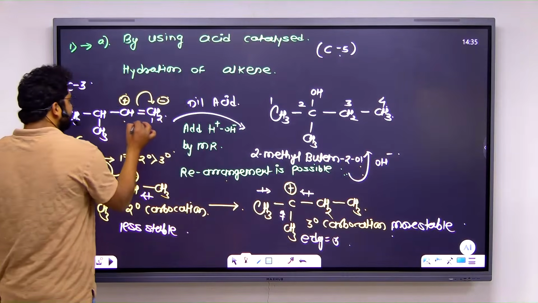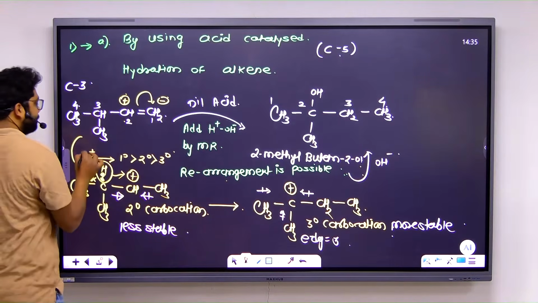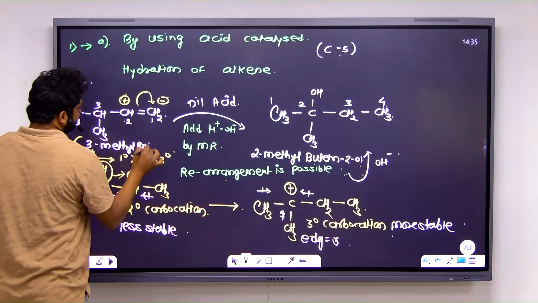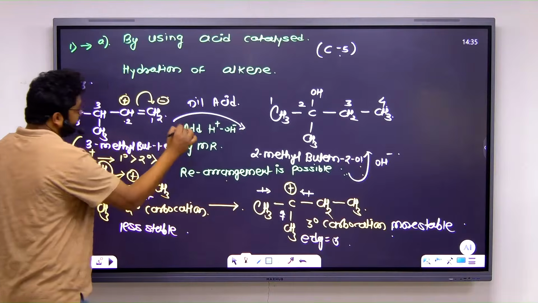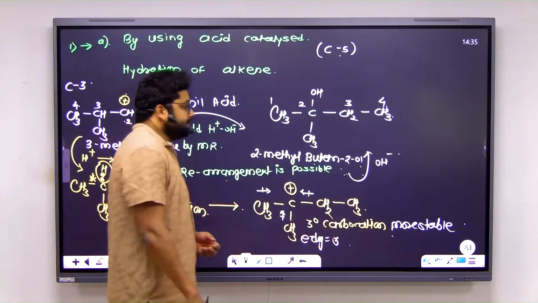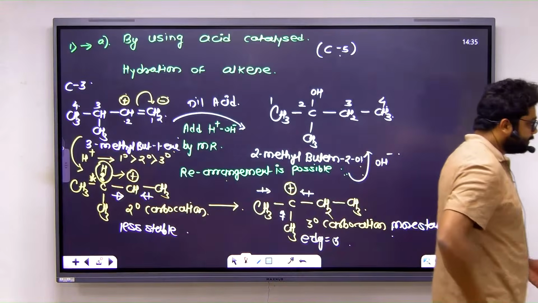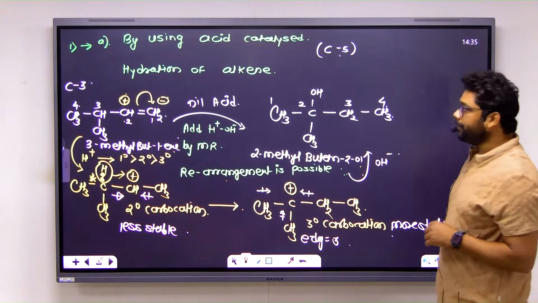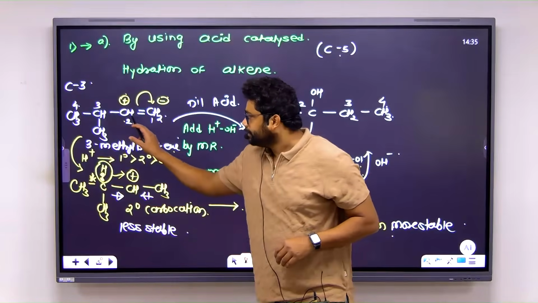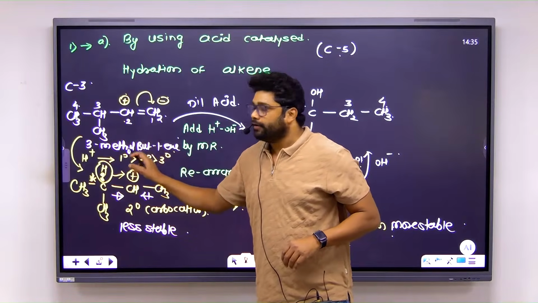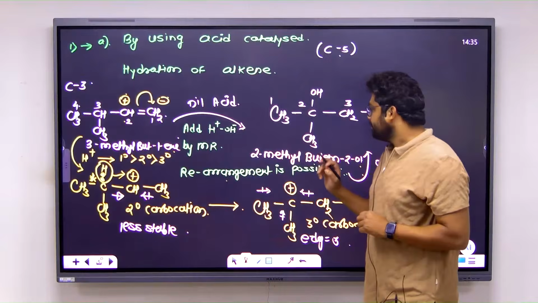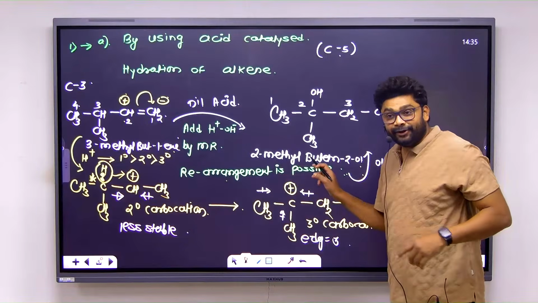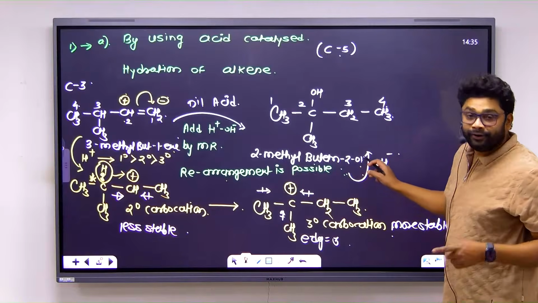So when you have this type of example, 3 methyl but-1-yne, when reacted with dilute sulfuric acid or dilute mercury sulfate, the product is not 3 methyl butan-2-ol. The example is solved, and what do you get? 2 methyl butan-2-ol.